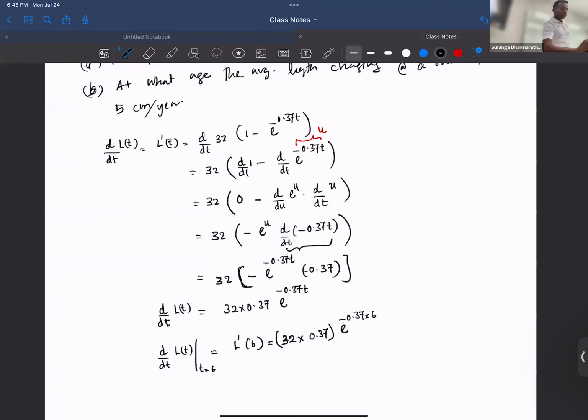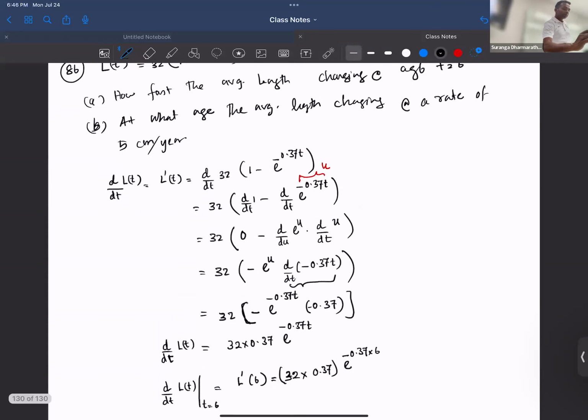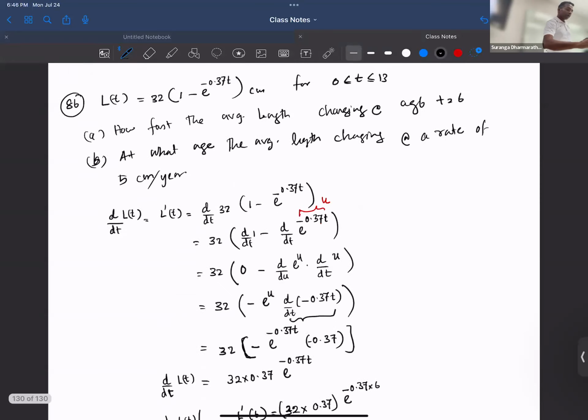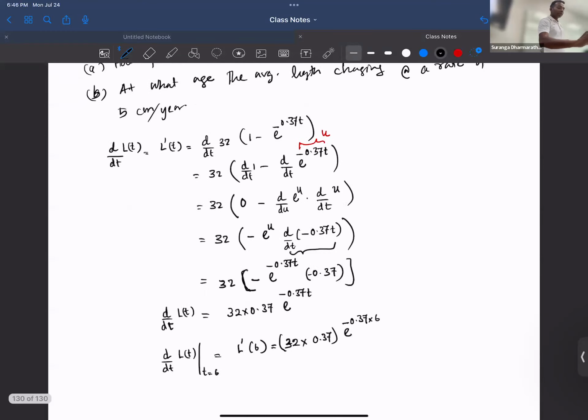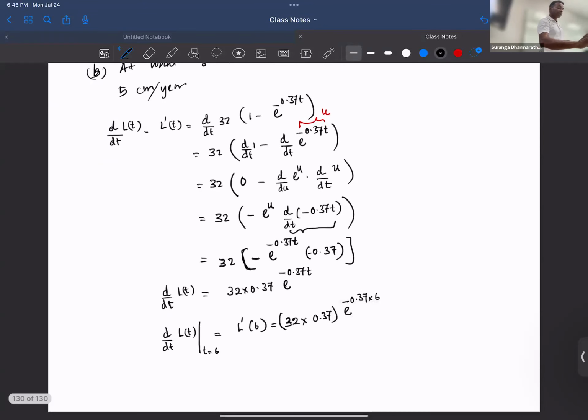Now the second question: we need to find the age at which the average length is changing at a rate of 5 centimeters per year. So this rate is given as 5 centimeters per year.